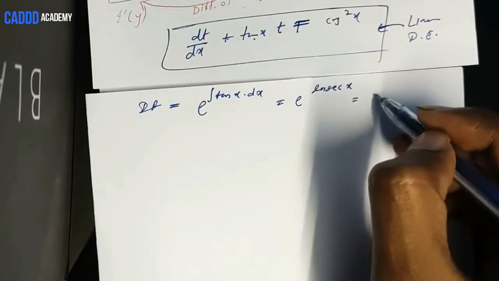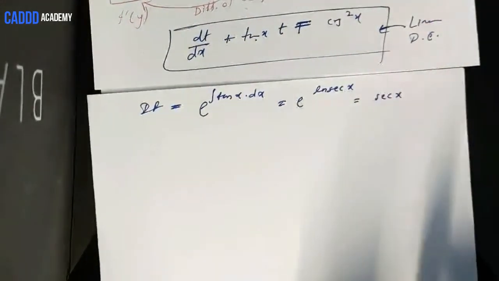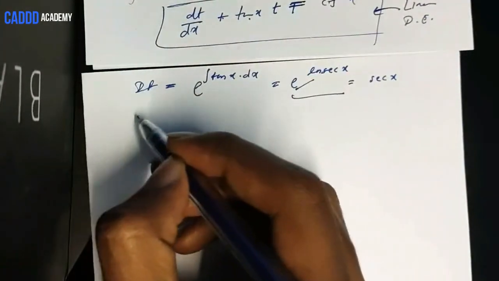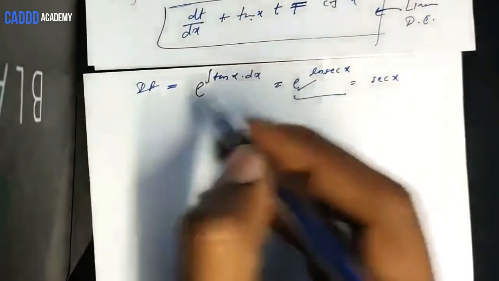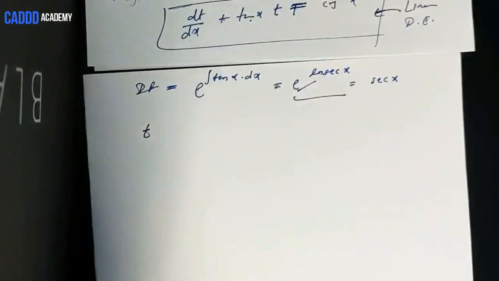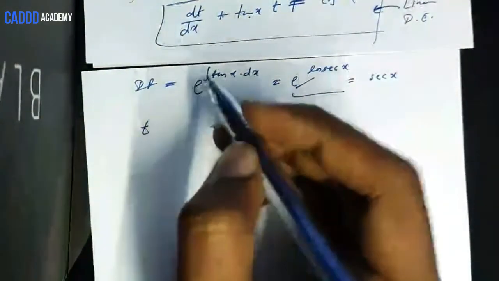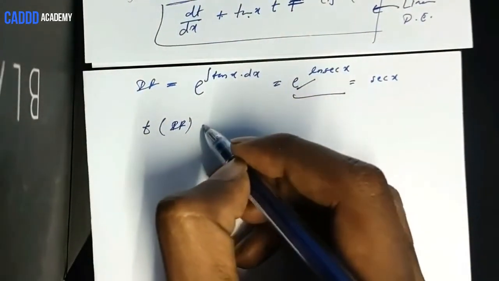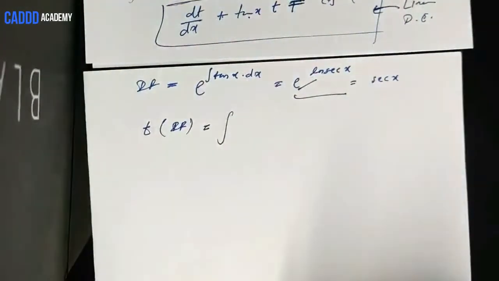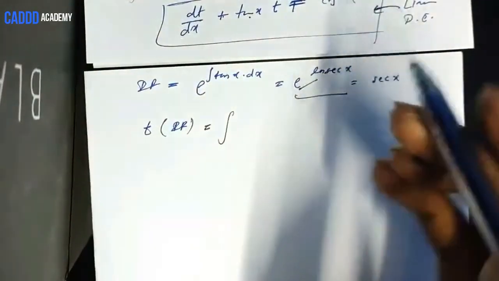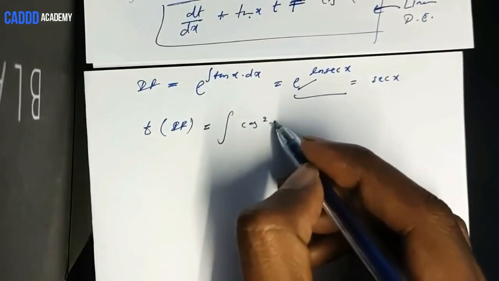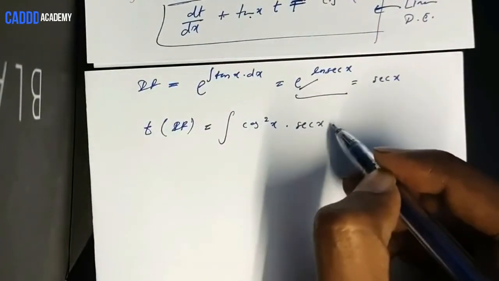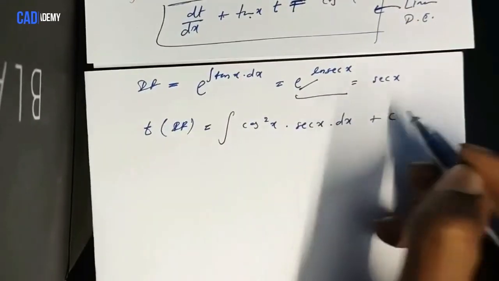So this will be sec x only. And now we got the integrating factor. Now we know the solution is t into integrating factor is equal to integration of this term, which is cos square x, and the integration factor, which is sec x, into dx plus c.